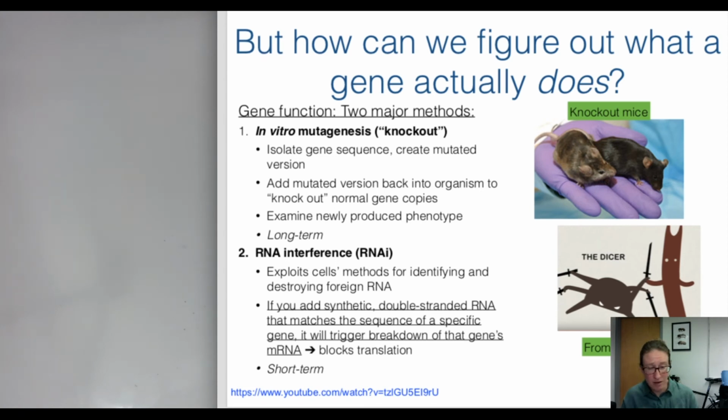Transcription might still happen, but if that mRNA gets broken down right away, that mRNA is never going to get processed or translated, so you're not going to get the protein product for that gene.